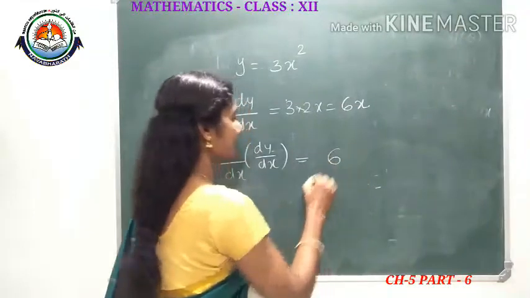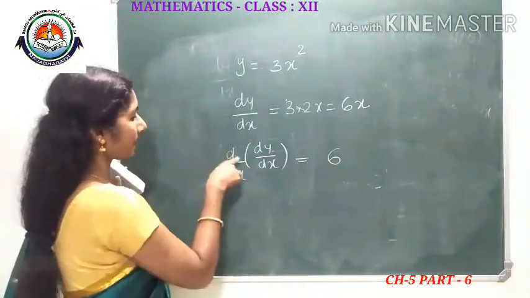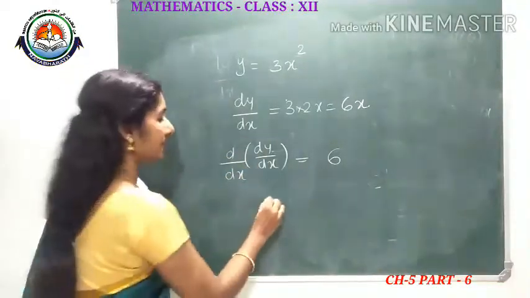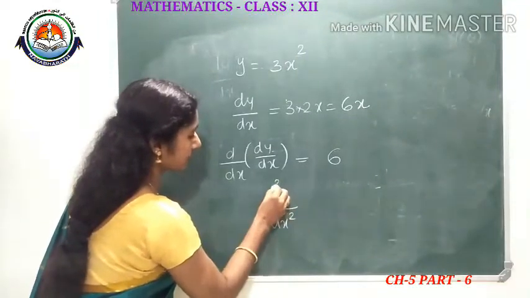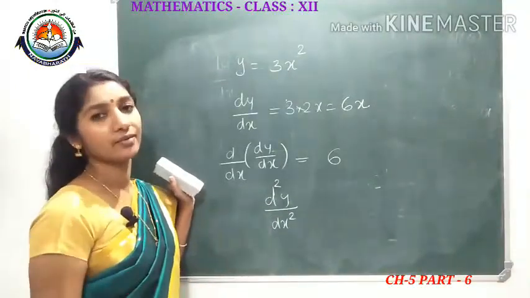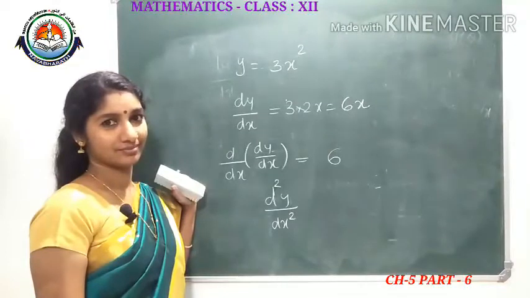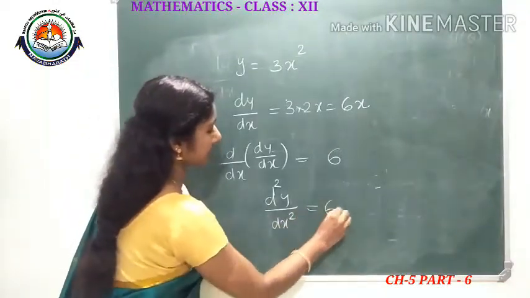That is 6. We can write d by dx of dy by dx as d2y by dx2. This is the notation for representing the second derivative, or second order derivative. d2y by dx2 is equal to 6.